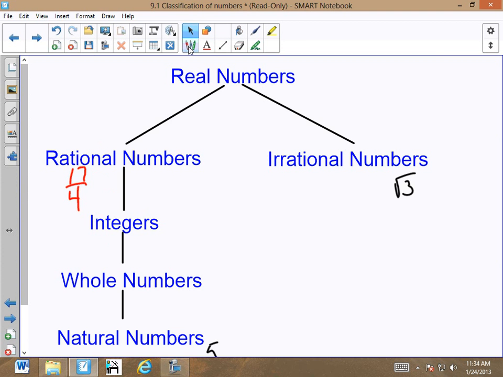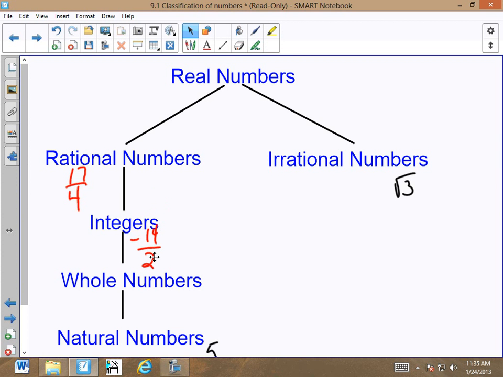What about the number negative 14 over 2? Negative 14 over 2. Can this be written as a fraction or no? Yeah, it is a fraction, so it slides down here to rational. Now, can negative 14 over 2 be written so that it doesn't look like a fraction? Yes. Put it in your calculator. What does it tell you? Negative 7, right?